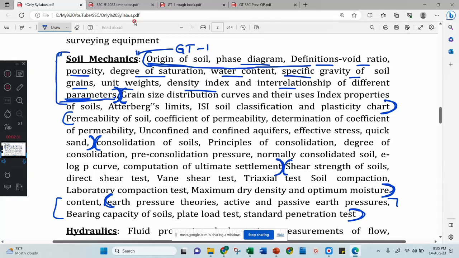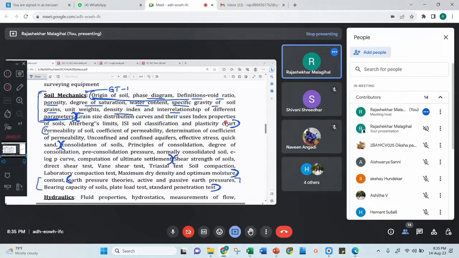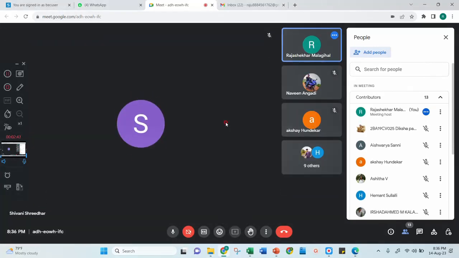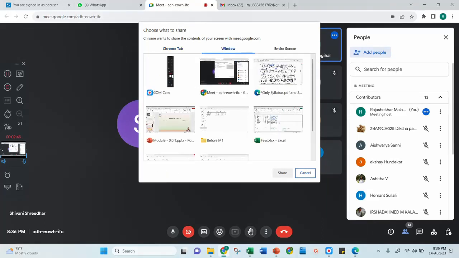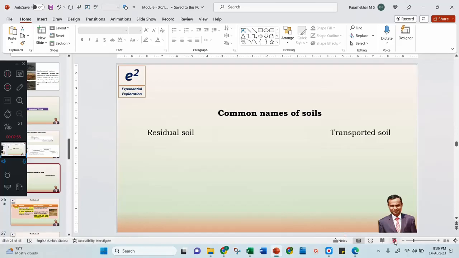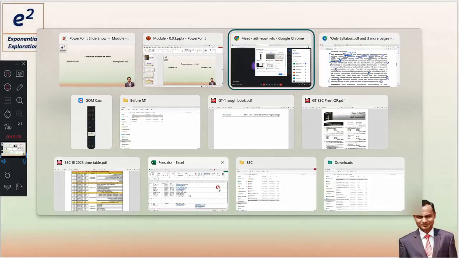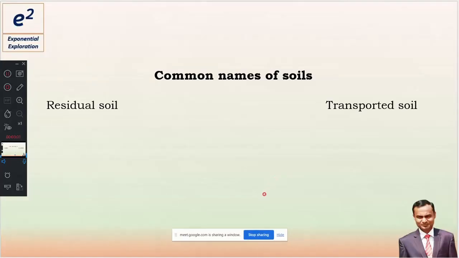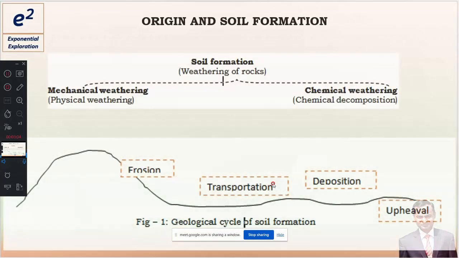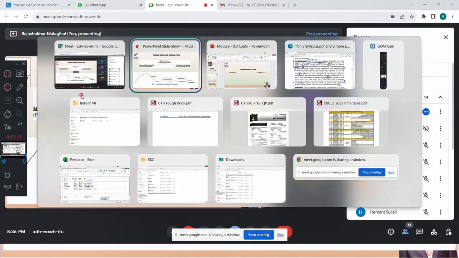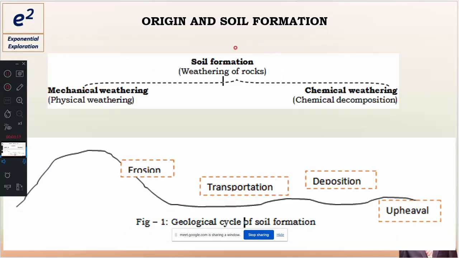Okay, now, origin of soil and soil formation.